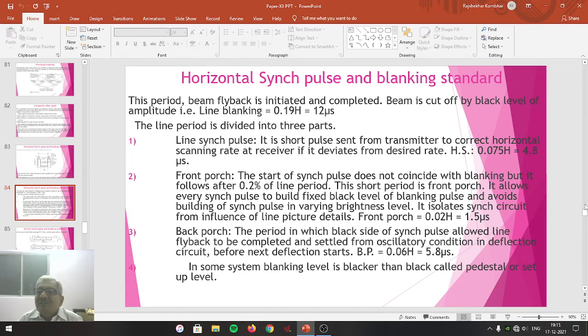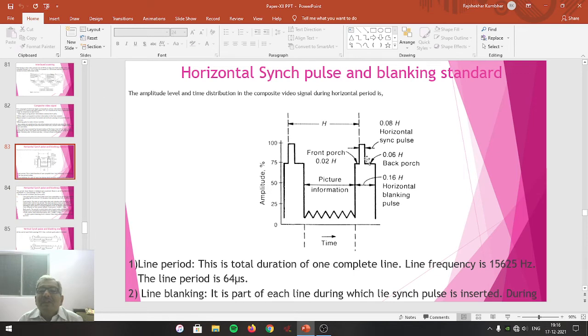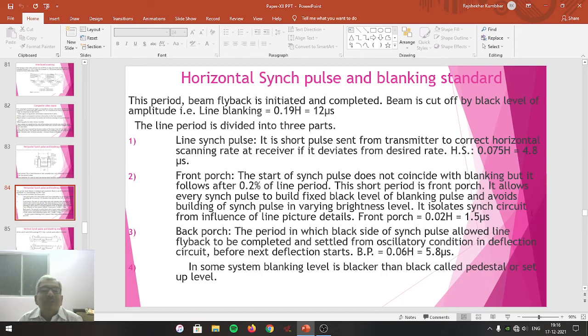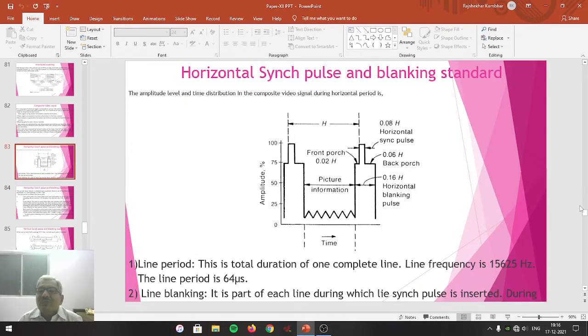Means this sync period is 4.8 microseconds. Second is the front porch. The start of the sync pulse does not coincide with blanking, but it follows 0.2% of the line period. This short period is the front porch, which you already saw just now. Look here, this is the front porch.